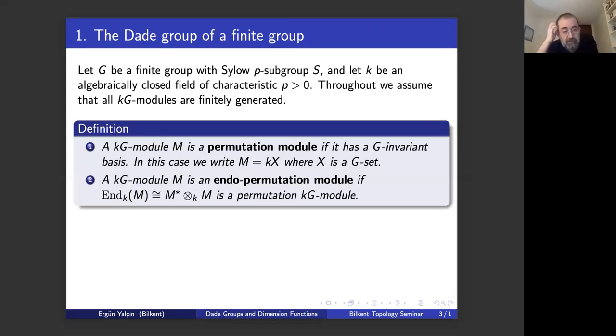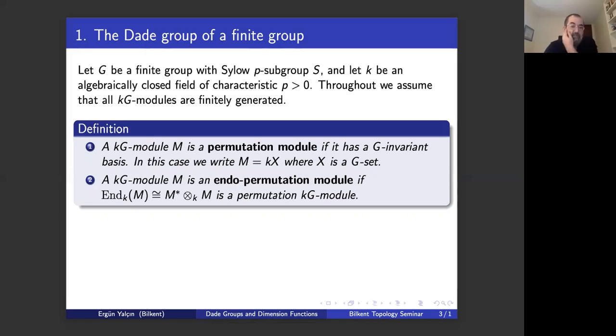So there are two notions in modular representation theory that are more accessible, sort of, to study: the permutation modules. Because as you know, modular representation theory is harder than the usual representation theory, and classifications are wild type and so on. So we can't do much, but the permutation module seems to be a little bit more accessible. So this talk in some ways is about permutation modules.